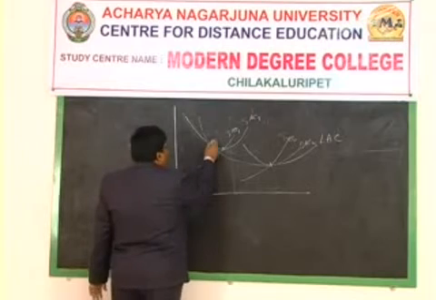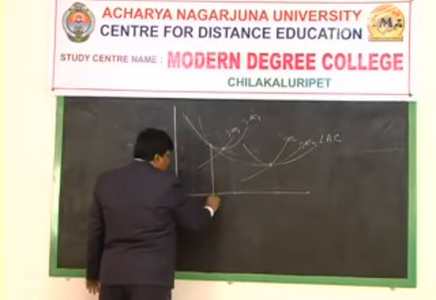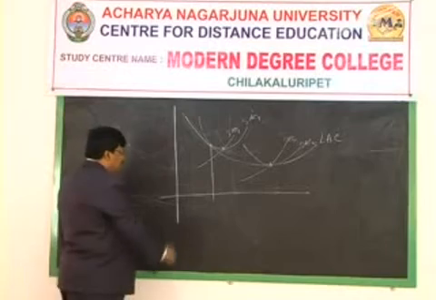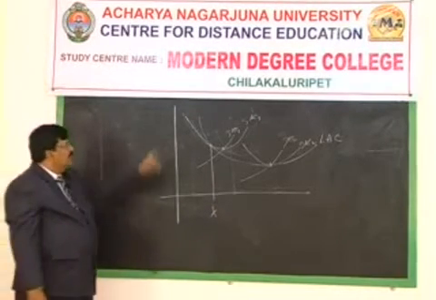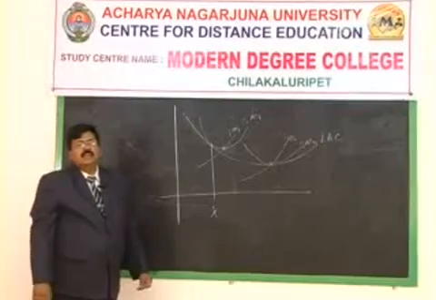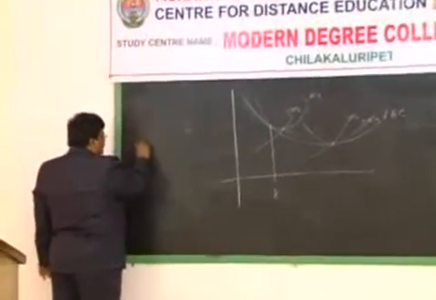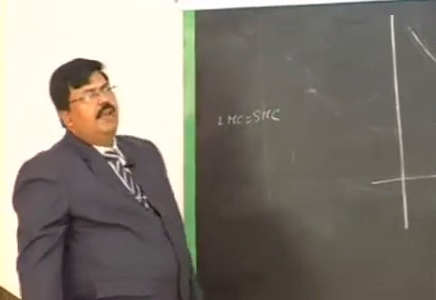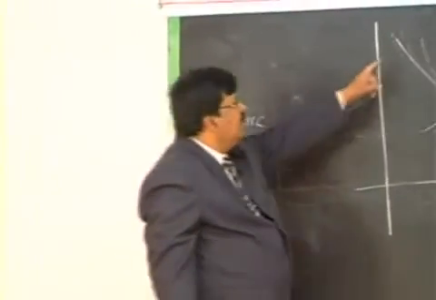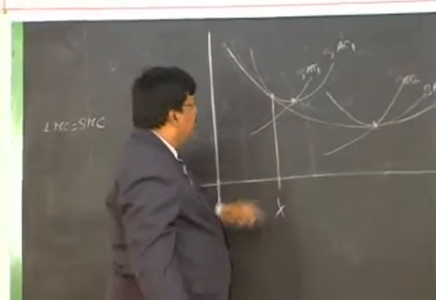Now, identify the point where SAC is tangential to LAC, for example, corresponding to this OX rate of output. SAC is tangential to LAC. So at that point, LMC is equal to SMC, where SAC is tangential to LAC at that rate of output.